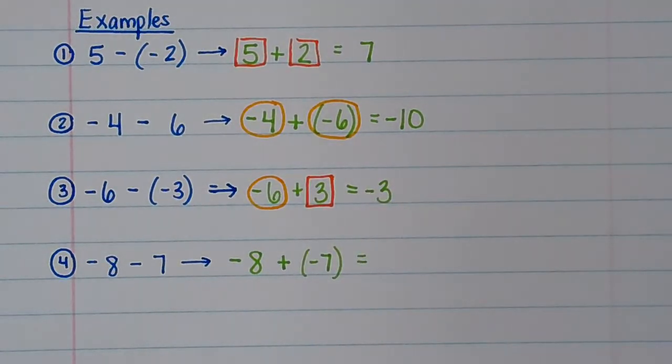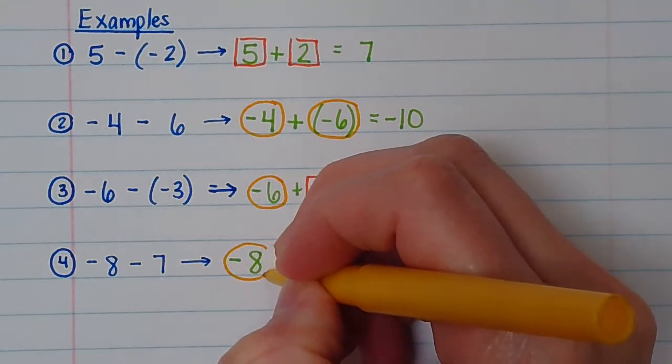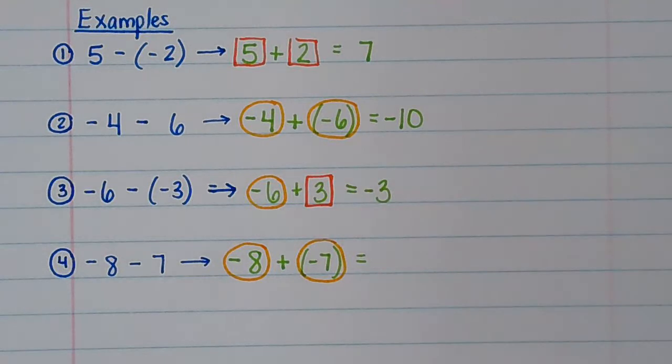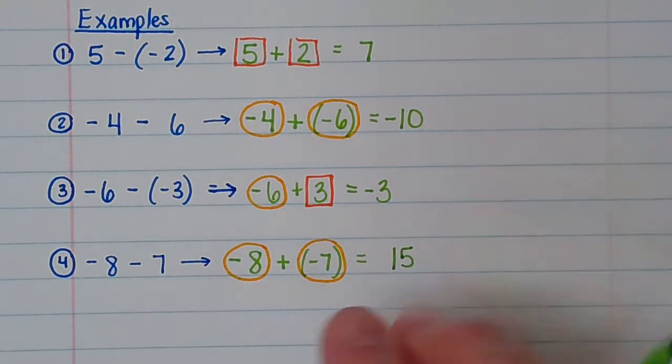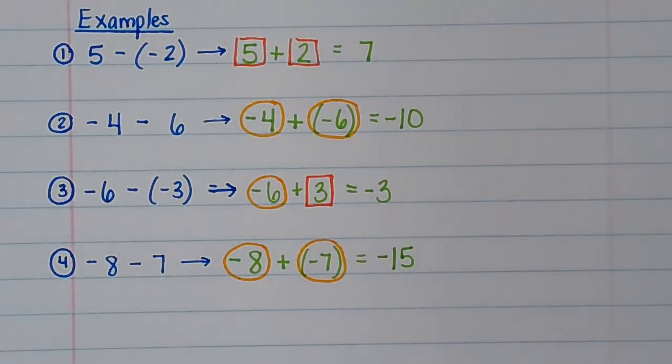And now I can solve it. This one right here is negative. This one right here is negative. My signs are the same. So if the signs are the same, you add and keep. So 8 plus 7 is 15. Since both of my numbers are negative, my answer has to be negative as well.